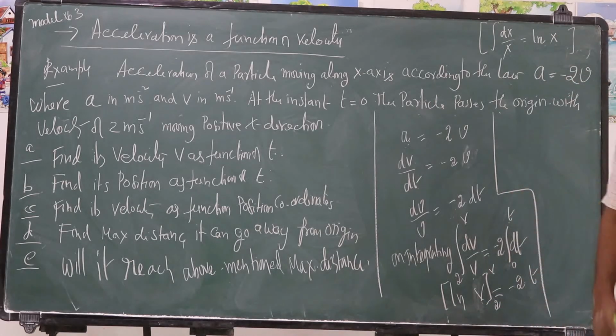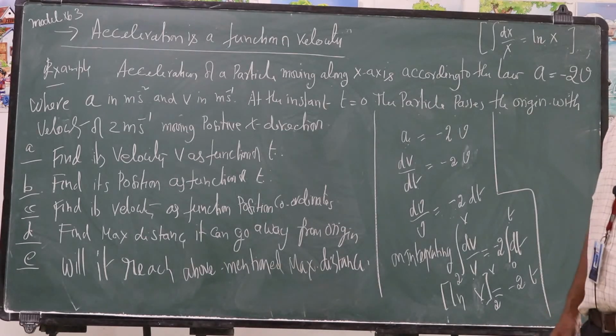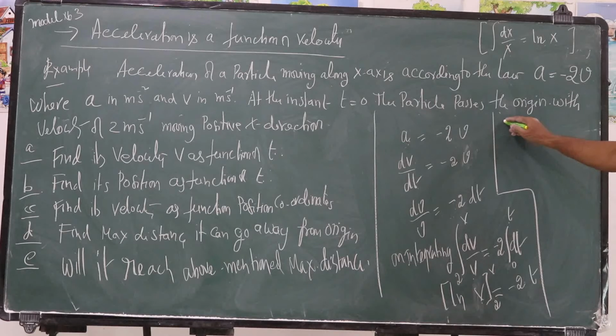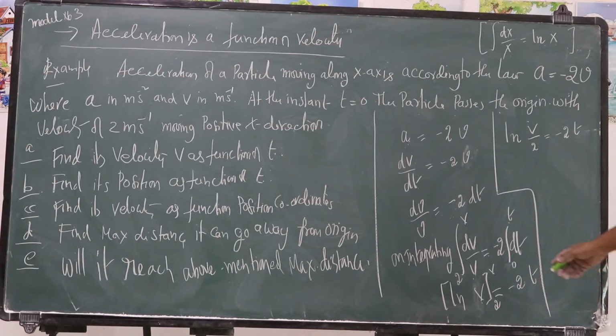Log a minus log b can be written as log a by b. So ln of v by 2 is equal to minus 2 times t minus 0, which is minus 2t.